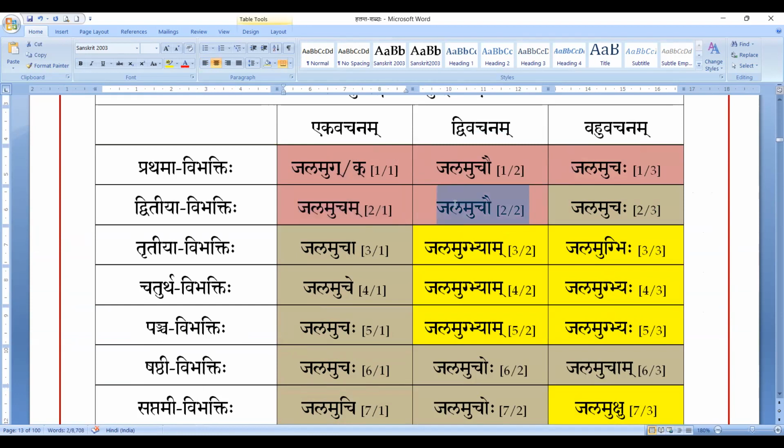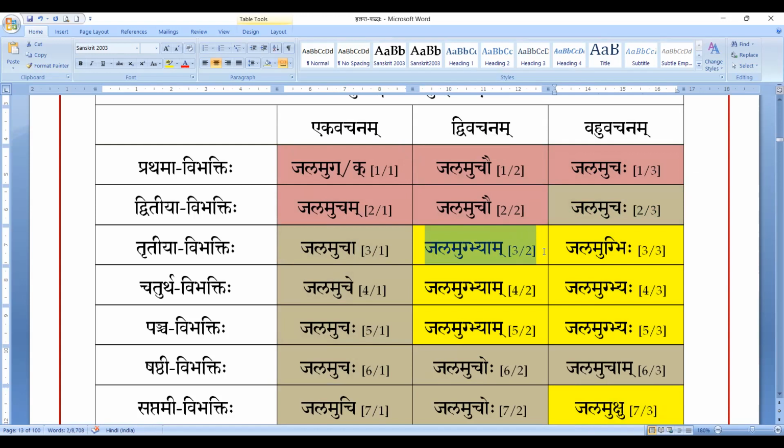Jalamuch plus Au. In all these places, except here, Sandhi is involved. In 1-2, 1-3, 2-1, 2-2, 2-3, 3-1, 4-1, 5-1, 6-1, 6-2, 6-3, 7-1, 7-2, here just addition. Only in 1-1 Sandhi is there, and here also Sandhi. Wherever the Pada is there, there only Sandhi is involved.